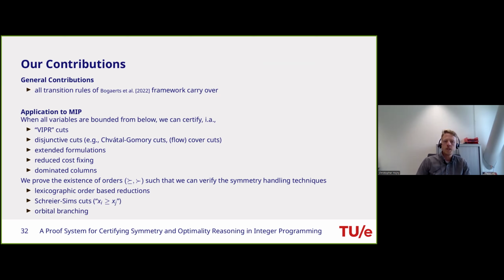And we demonstrate a way of certifying the reductions made by lexicographic order-based reductions, the so-called Schreier-Sims inequalities that we've also seen before, where we say that one variable xi takes at least the value of another variable xj, or the popular symmetry handling method, orbital branching, which is a branching rule that is based on symmetry information.